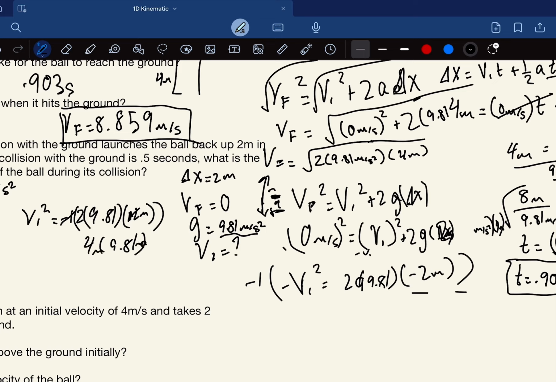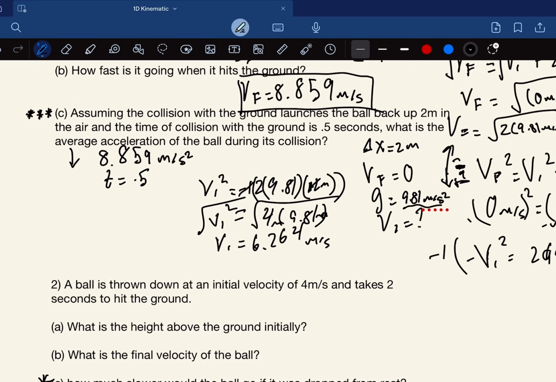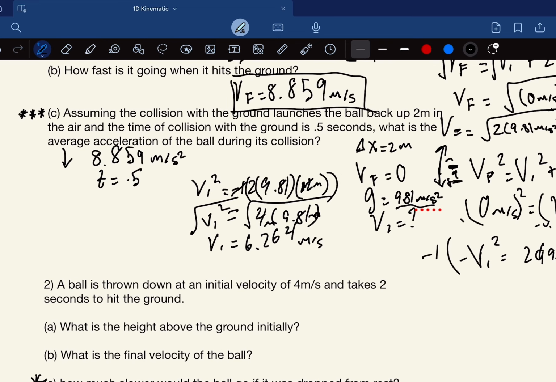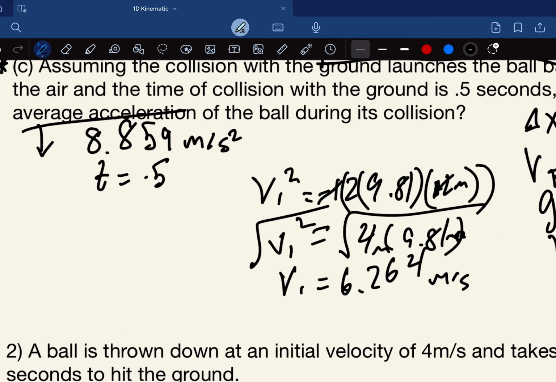Then you take the square root, and you get the answer for the initial velocity to be 6.264 meters per second.